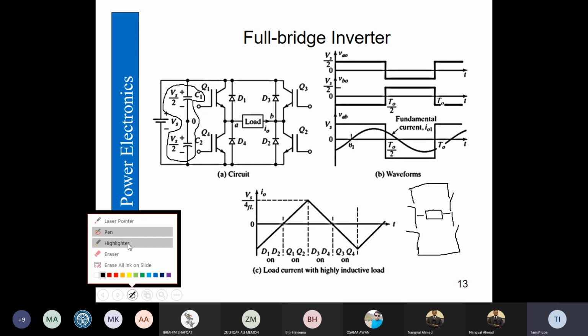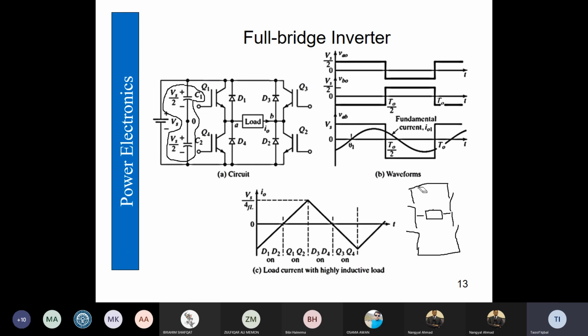Okay. So now let's look at the waveforms, how we are going to supply the duty cycles on Q1, Q2, Q3 and Q4 so that the load gets AC voltage across it.